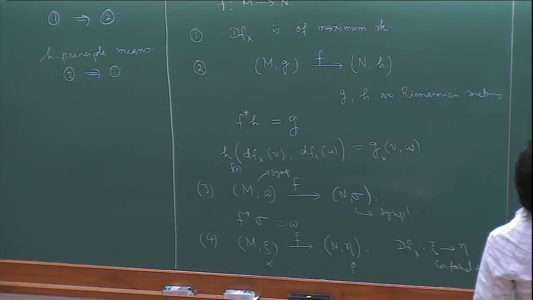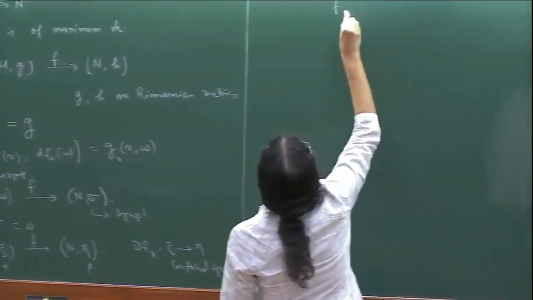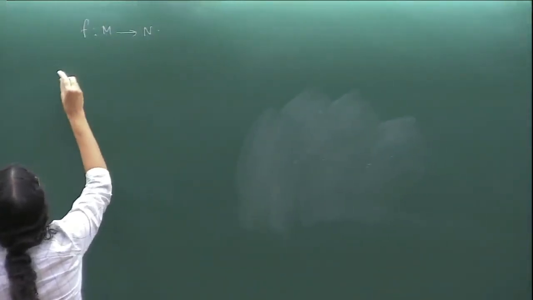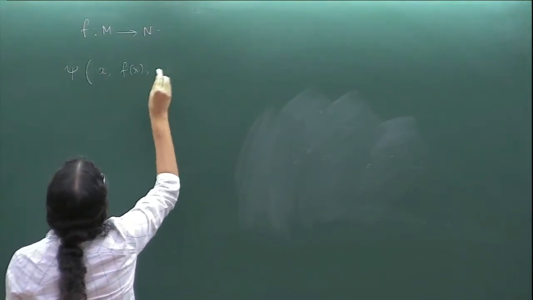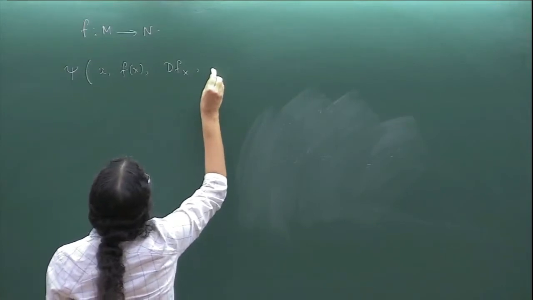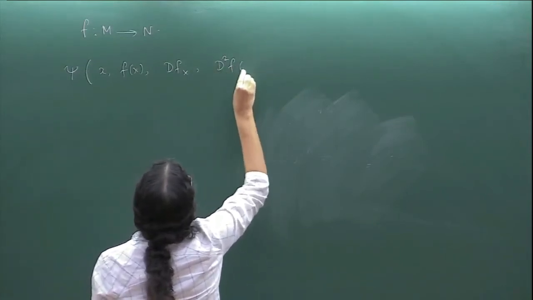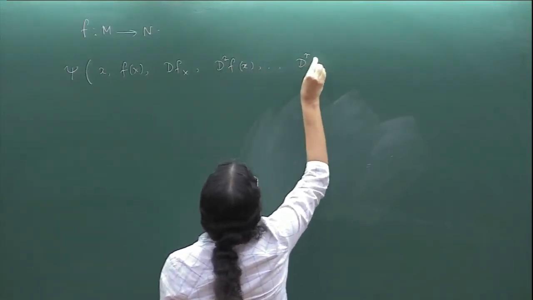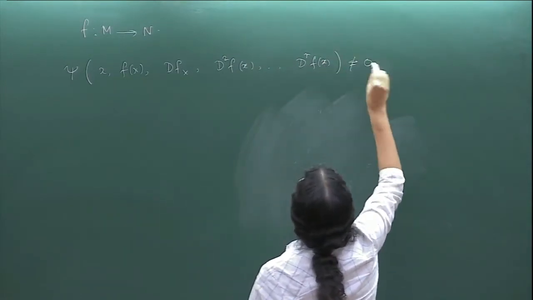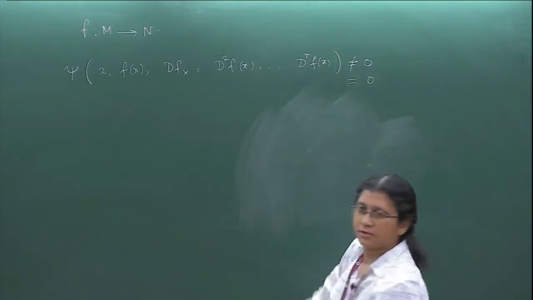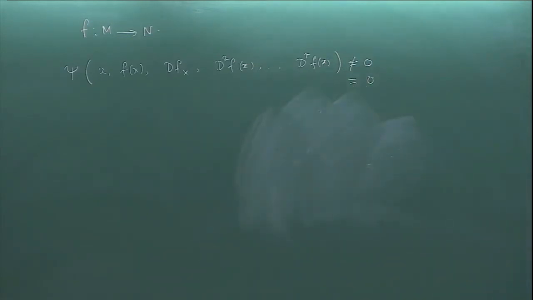So what is a partial differential equation in this context when you have a function f from M to N? A differential equation, I will explain it in this language. It may be 0 or maybe not equal to 0, whatever. Some relation between its derivatives: first derivative, second derivatives, up to r-th order derivatives.